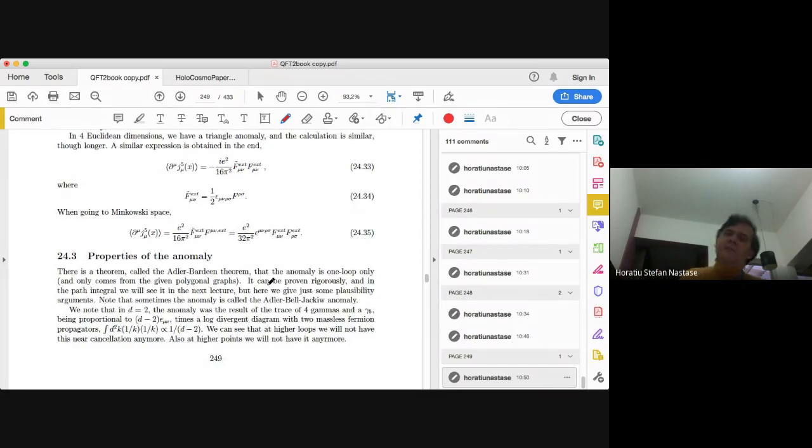All right. I'll show something in the path integral that will make it a little more clear why you get a triangle diagram.